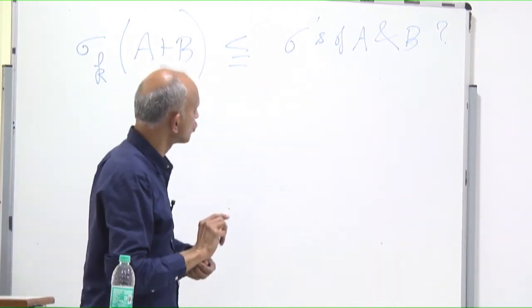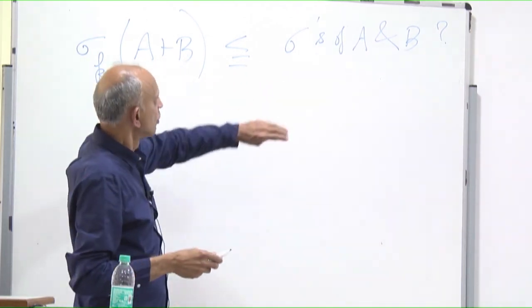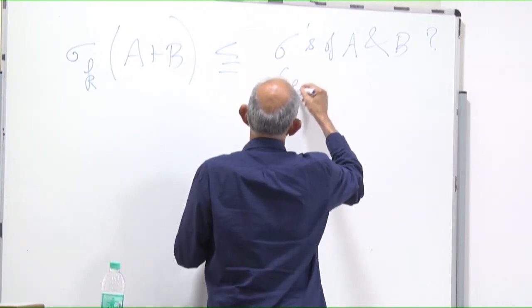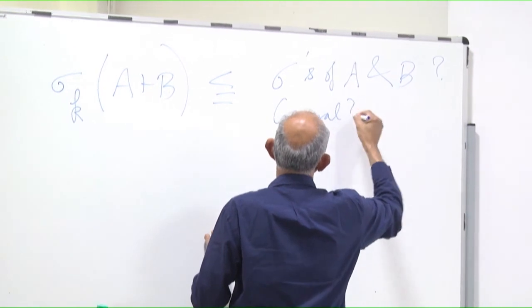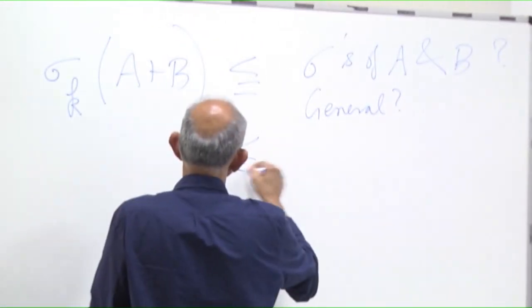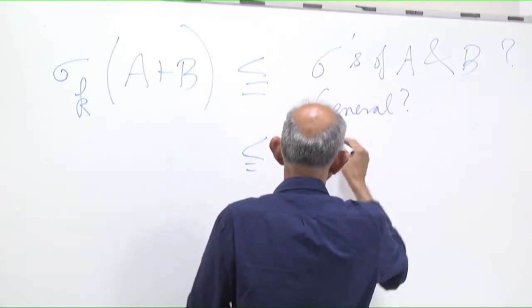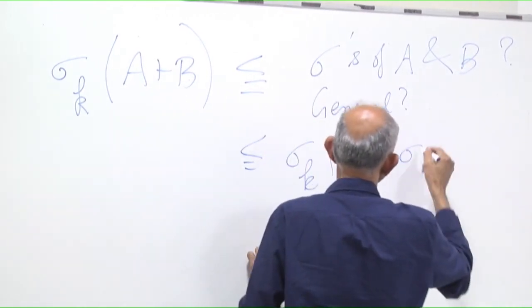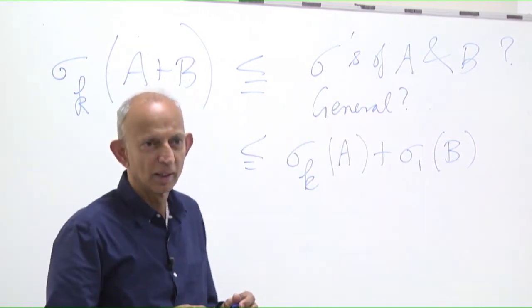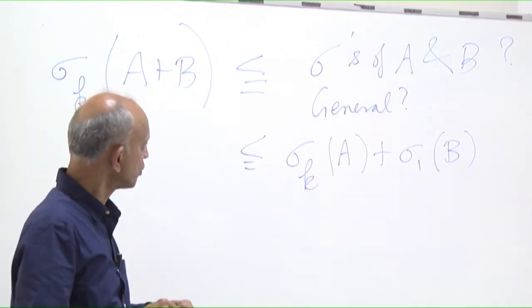I can say good things for specific matrices, but in general, unfortunately, the only thing we can say is that this is less than or equal to sigma k of A, but here we have to put sigma 1 of B, for instance. So that is true, right?